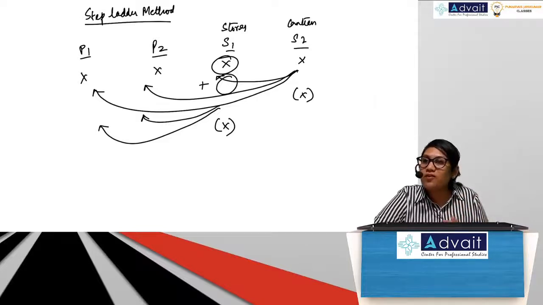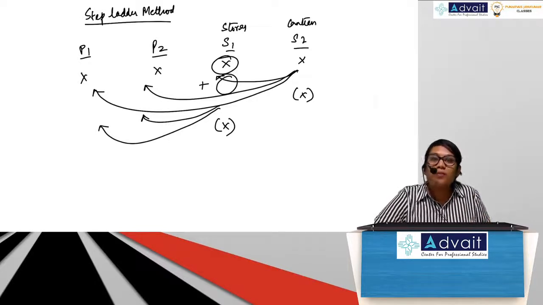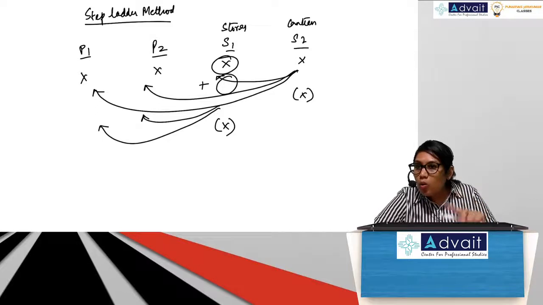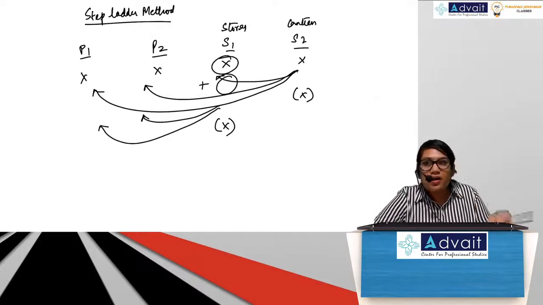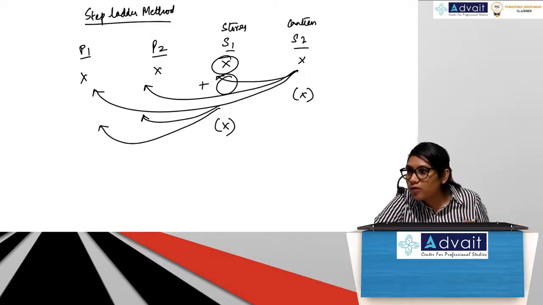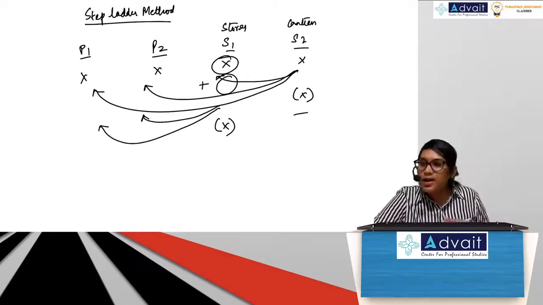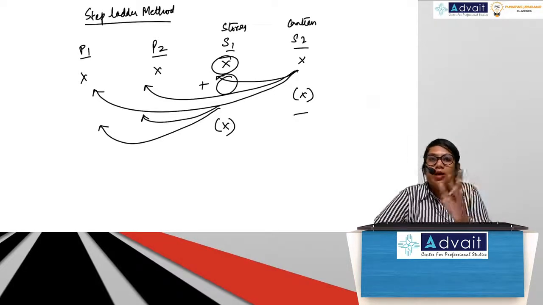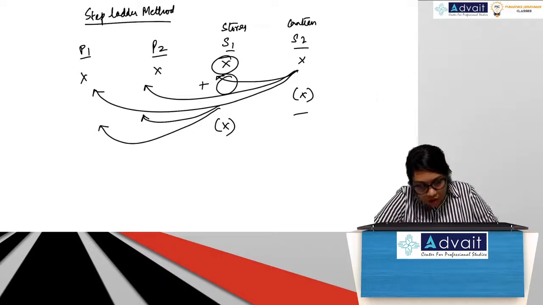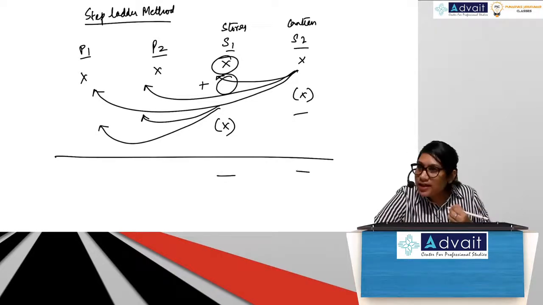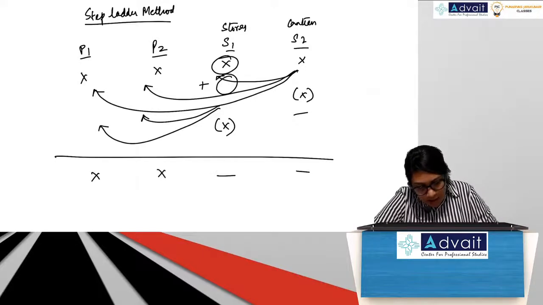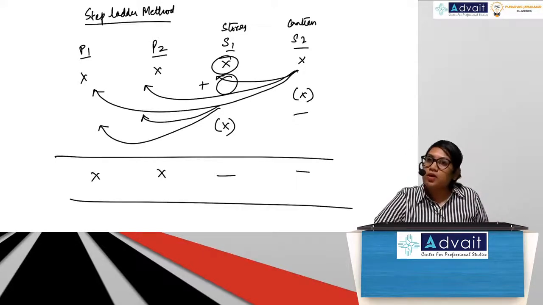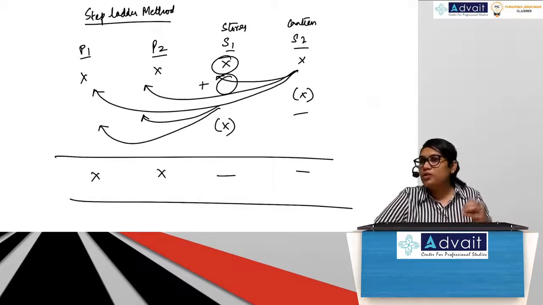No, it will not give S2 because that was the primary foundation of the relationship. One is serving, the other is not returning the favor. So this will be nil. Canteen has already become 0. It cannot take any overheads. So now this is nil, nil and here you have a balance. This is your step ladder method.